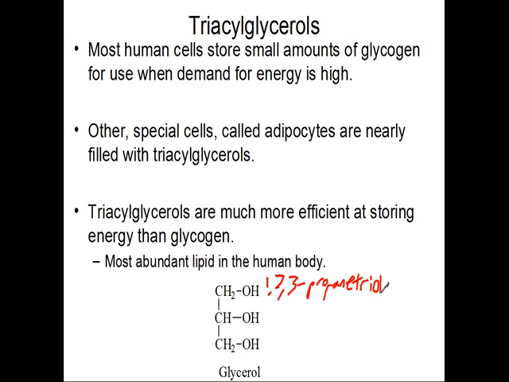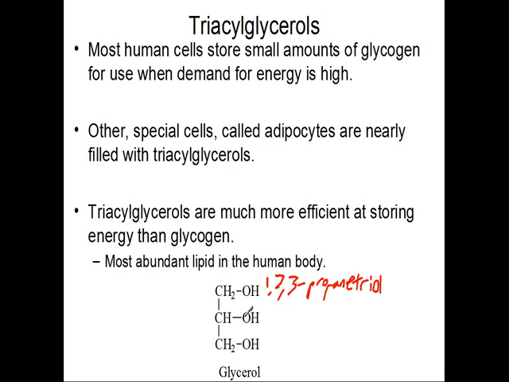So 1, 2, 3 propane triol. 1, 2, 3 because we're indicating where the hydroxyl groups are. It's a triol, so it's 3 carbons with 3 hydroxyl groups on 1, 2, 3. Fairly simple structure, but this is how the human body stores lipids.